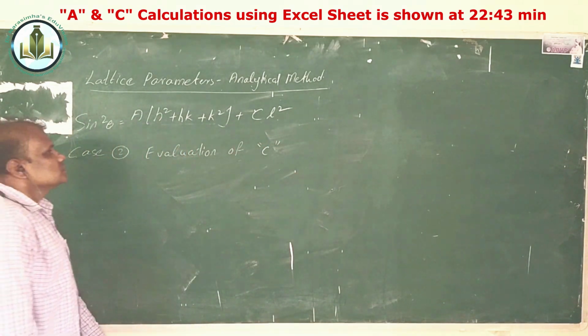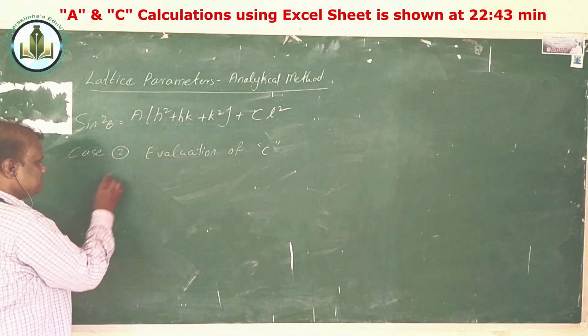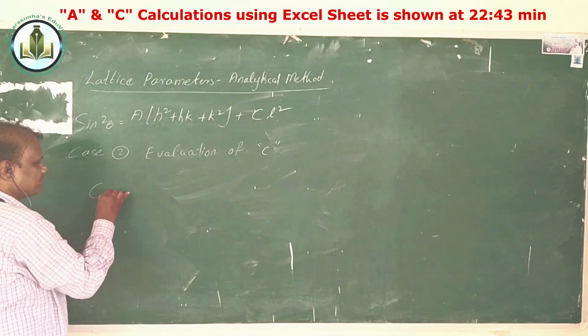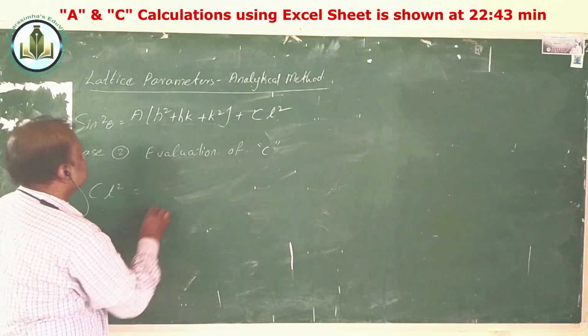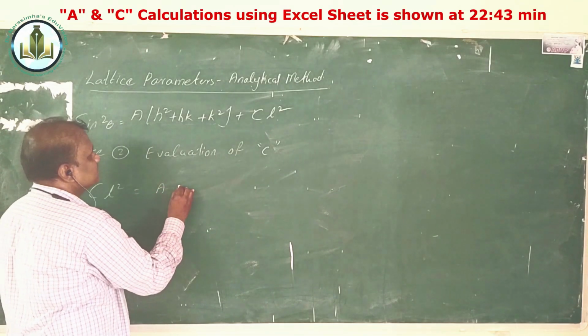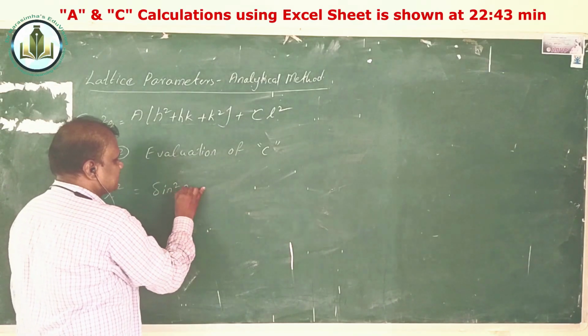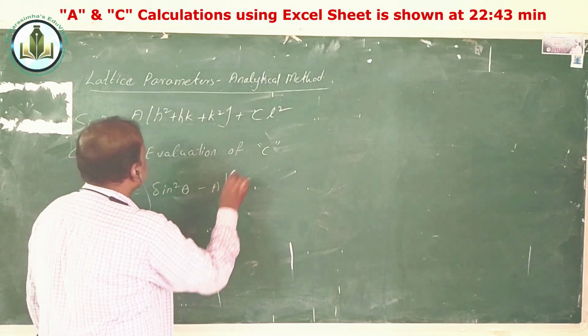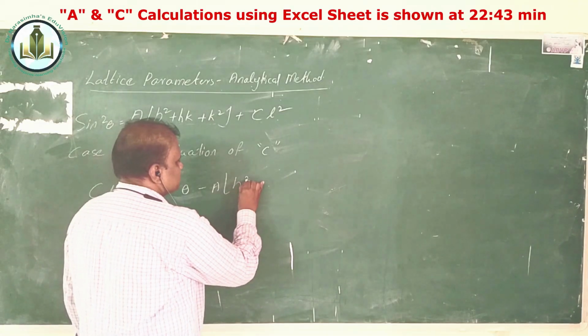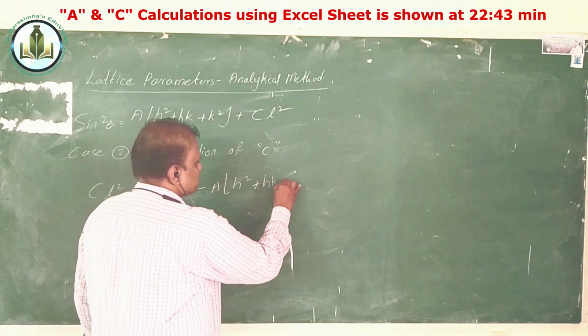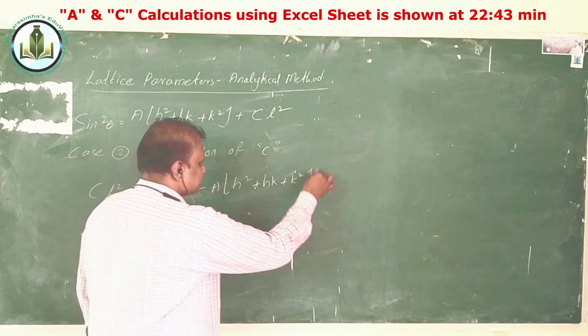For this purpose, from this equation I am going to write for capital C L square equal to sine square theta minus capital A into h square plus hk plus k square.